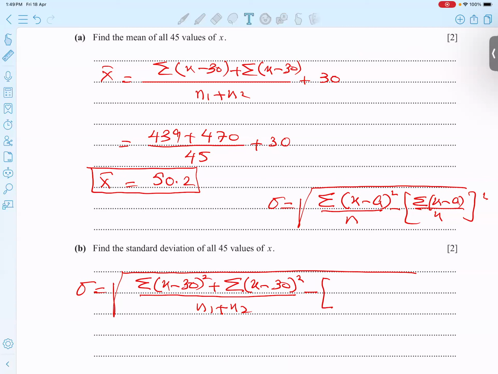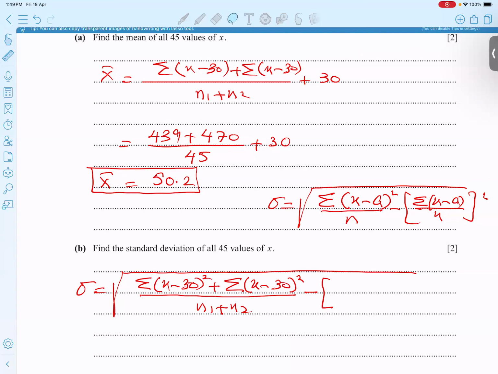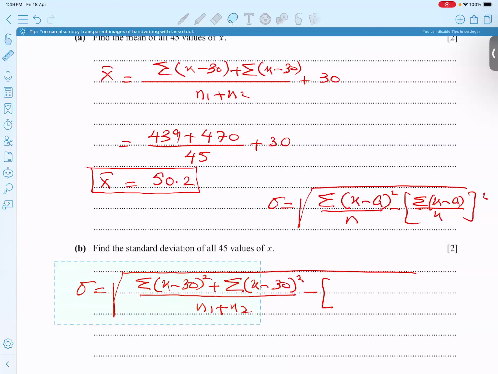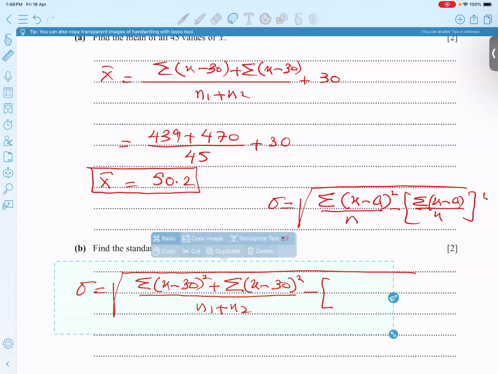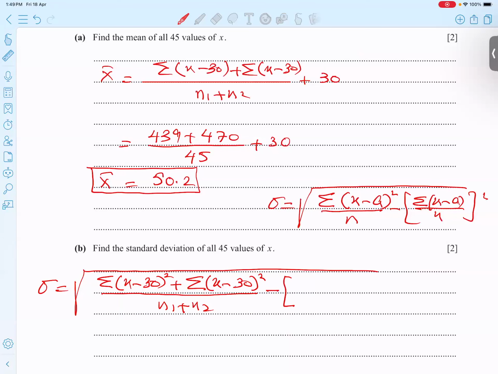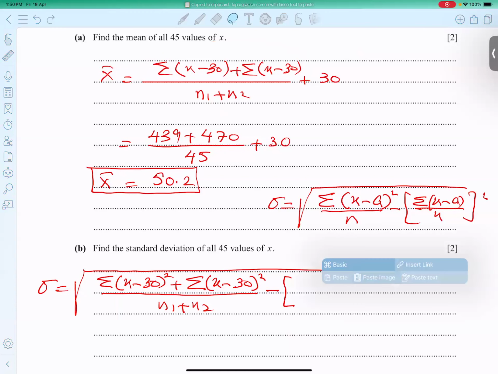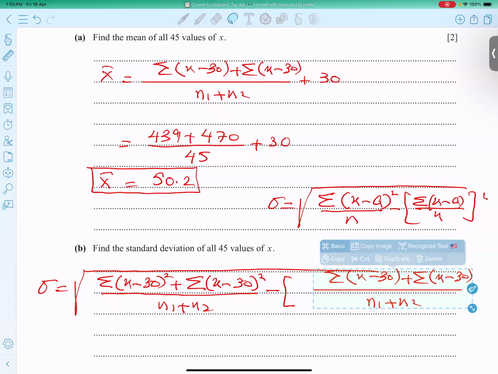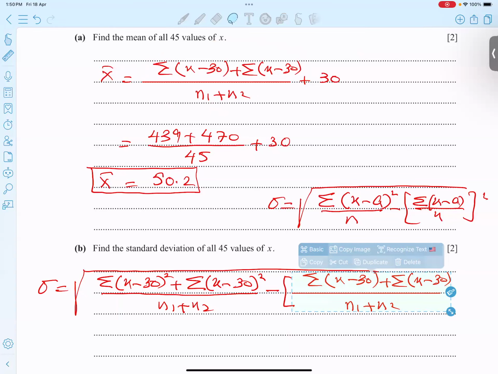I think obviously you understand what I'm saying. And this whole thing I'm going to write now here, which I'm going to copy from here. I think the idea is very clear. Copy and paste here. This is very clear. And square of the whole thing.